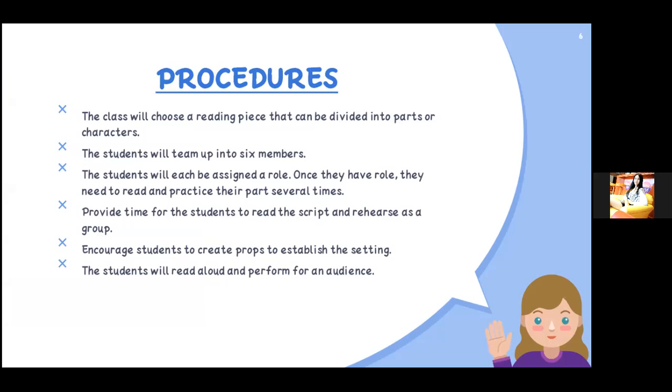Provide time for the students to read the script and rehearse as a group. Encourage students to create props to establish the setting. Lastly, the students will read aloud and perform for an audience.